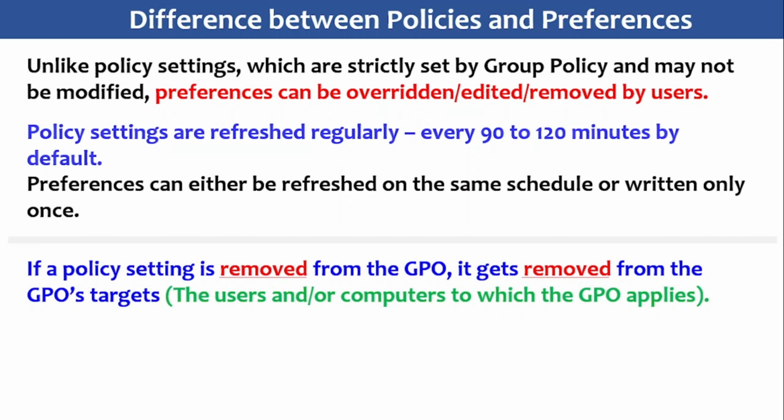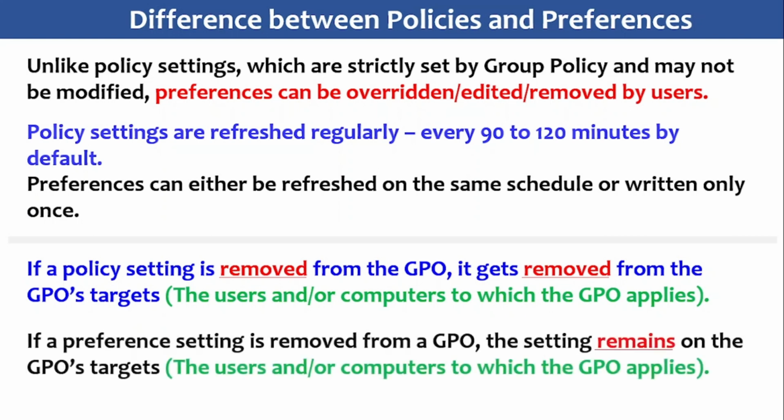Now, if a policy setting is removed from the group policy object, it gets removed from the target as well. Let's say we again re-enabled the command prompt for Marty. It will get removed from the registry and Marty will be able to use the command prompt.